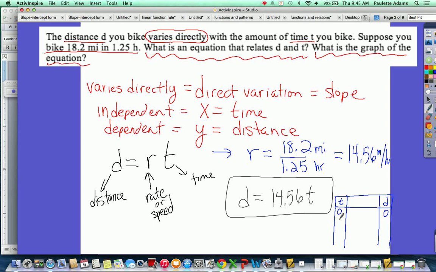In 1 hour, we went how far? 14.56. In 2 hours, how far will we go? Multiply times 2, that's 29.12, and so on. Now, on your computer, how many points do you really need? 2.